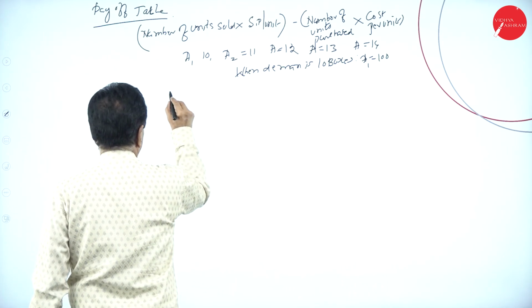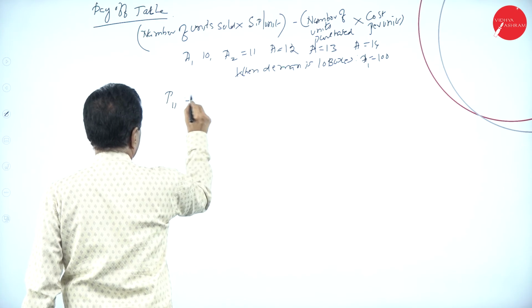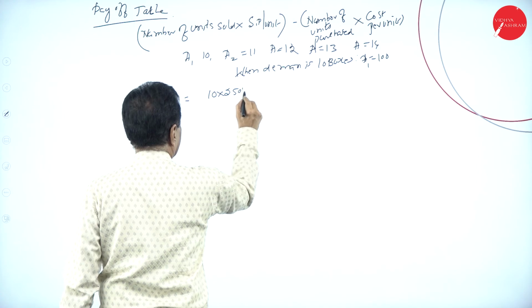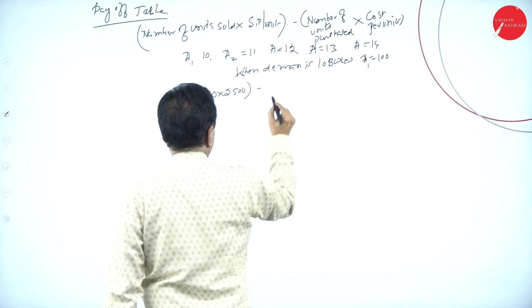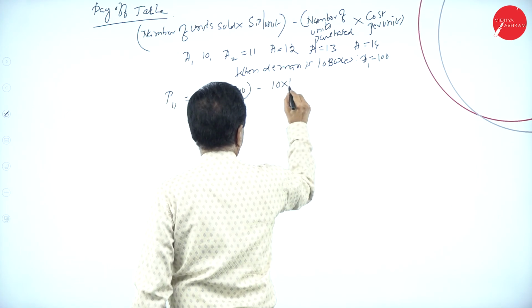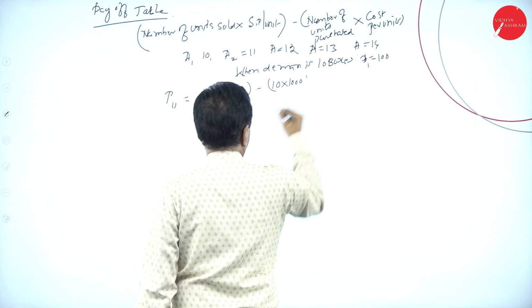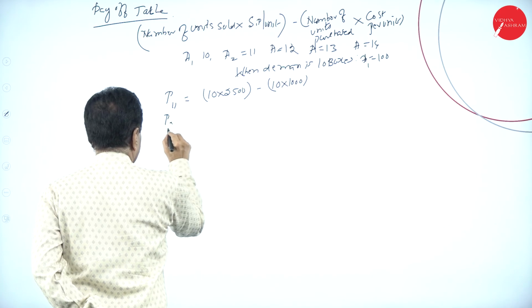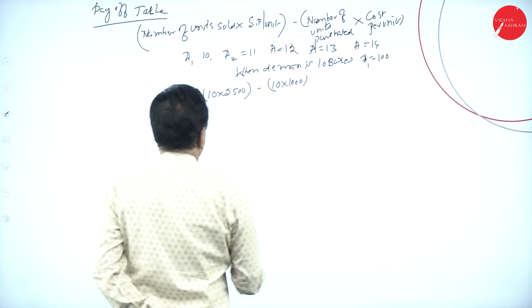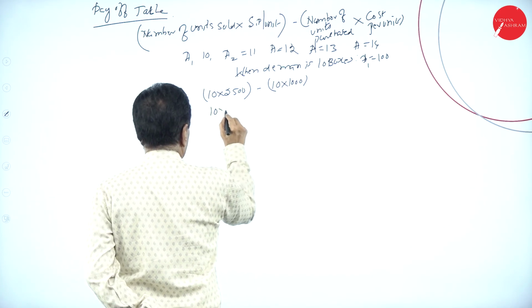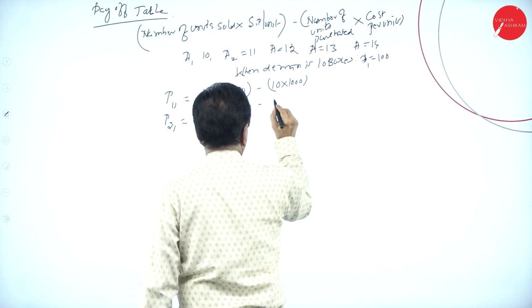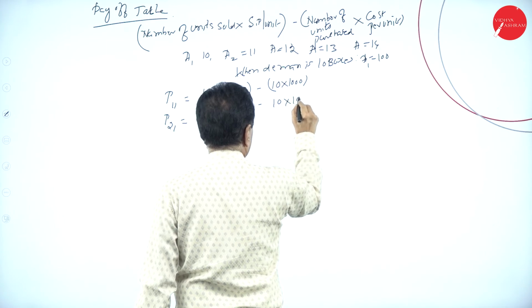This is P11: 10 into 2,500 minus 10 into 1,000. P21: 10 into 2,500 minus 10 into 1,000.